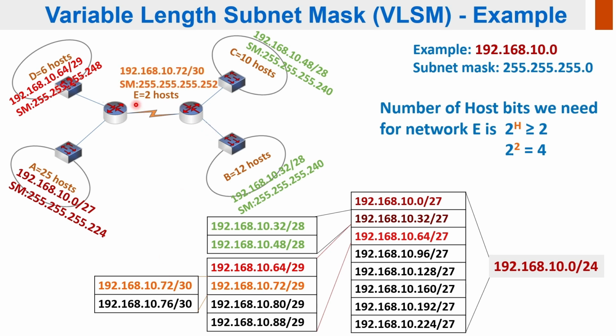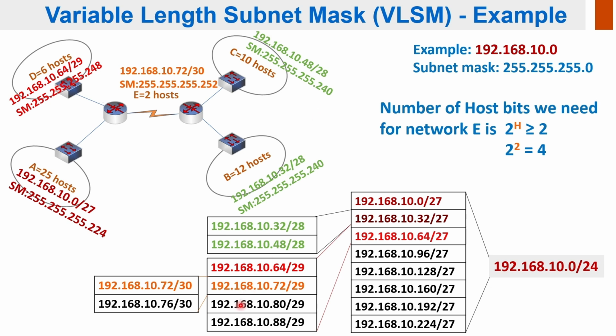So now you can see we are allocating different size networks to the different sizes of our physical enterprise network, right? Some are /27, some are /28, /29, /30. This is why we needed VLSM.